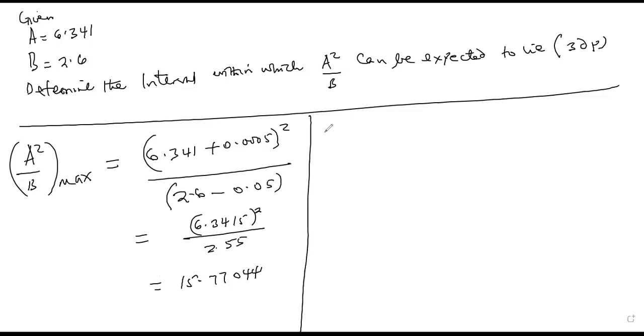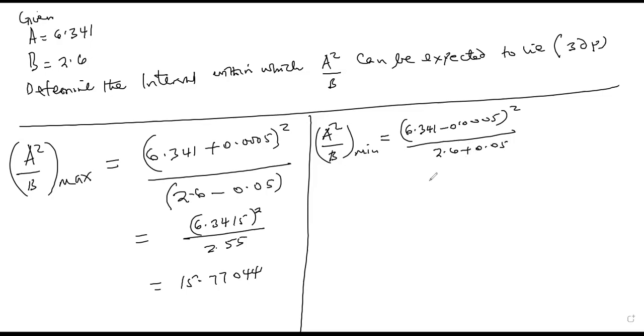Then you look at the minimum, a squared over b minimum. To get the minimum, the upper thing is minimized and the lower thing is maximized. So it is going to be 6.341 minus 0.0005, squared, out of 2.6 plus 0.05.